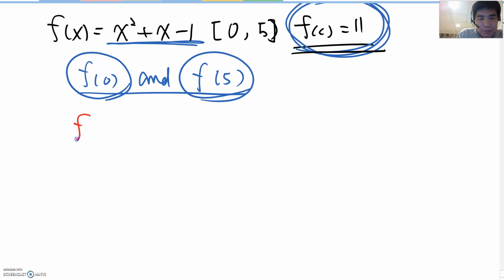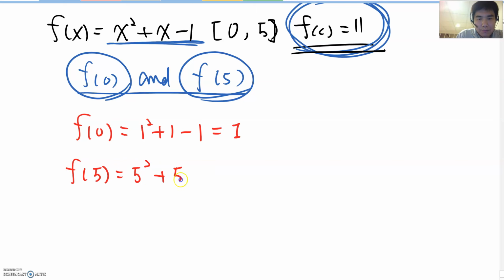So f(0) means 0 squared plus 0 minus 1, which becomes negative 1. Now f(5) means 5 squared plus 5 minus 1 equal to 25 plus 5 minus 1 equal to 29, right?